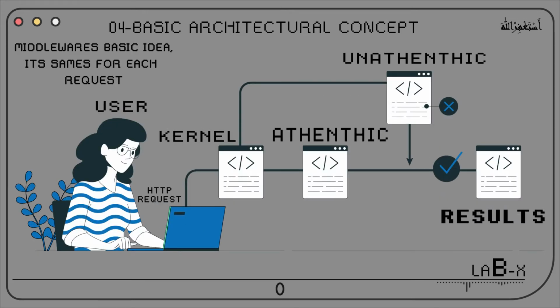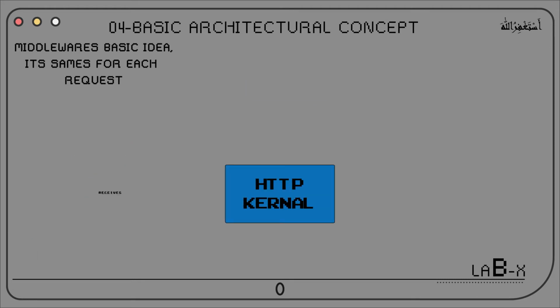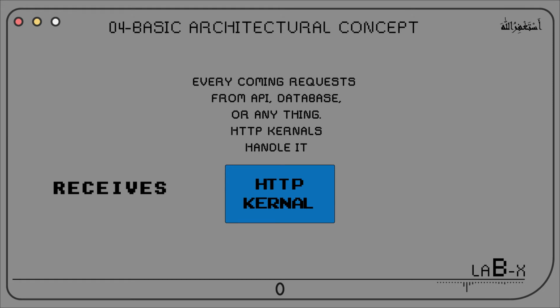For example, if a user is logged in, then go to the dashboard, and if not, it must redirect to the login screen. It is a simple authentication rule, and the method signature for the HTTP kernel's handle method is quite simple. It receives a request and returns a response.